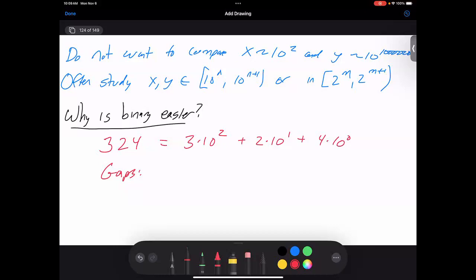What do you mean by a gap between 320? Is that what you're asking? Oh, no. When we do a Zeckendorf decomposition, it was the space between indices.